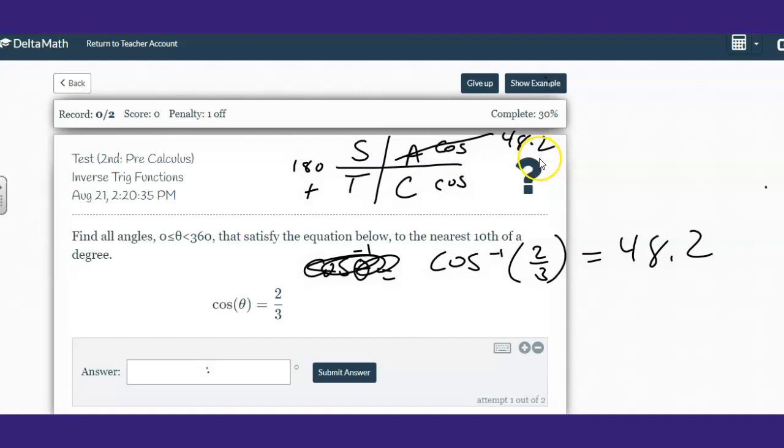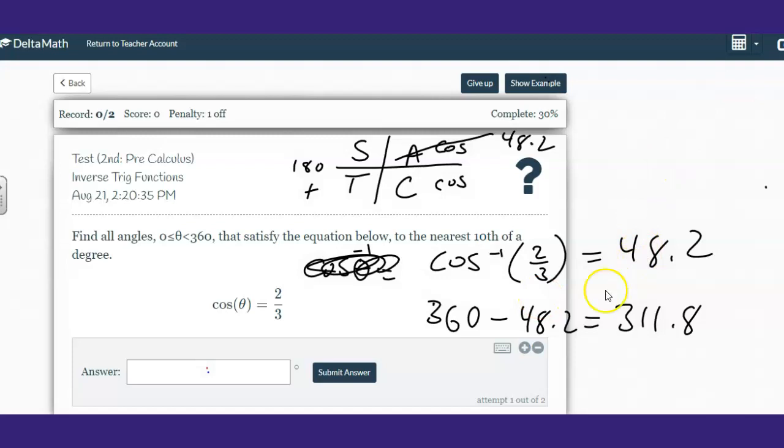I'm also going to use the fourth quadrant, so 360 minus 48.2. And that is going to give me 311.8. So those are my two angles.